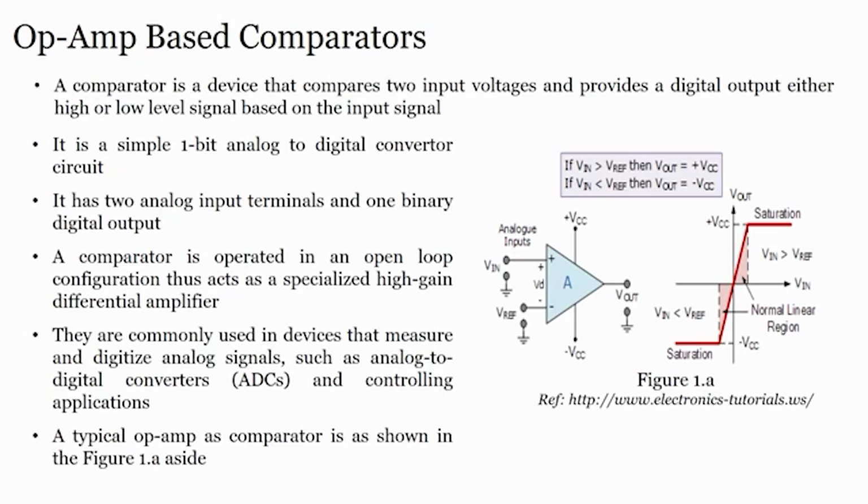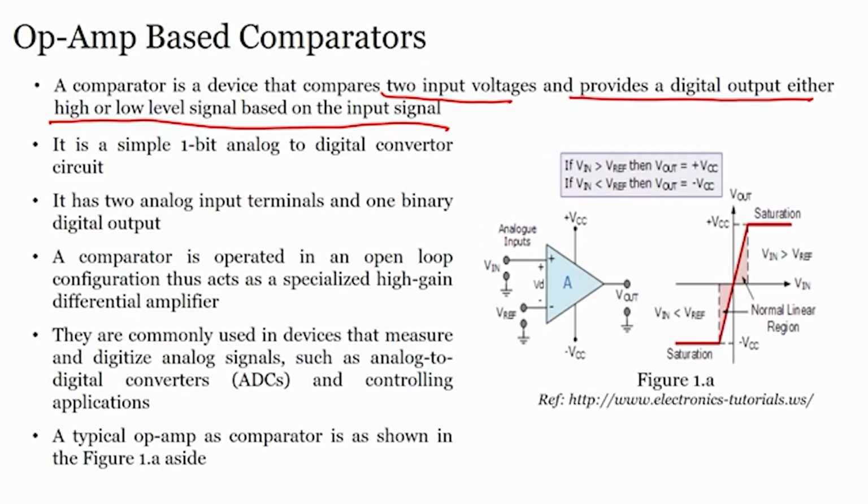A comparator is a device that compares two input voltages and provides a digital output, either high or low signal based on the input signal. So, what does that mean? It will compare, right. It is very easy. If I give you two signals and ask which signal is high and which is low, you can use the comparator and tell which one is high and which one is low.